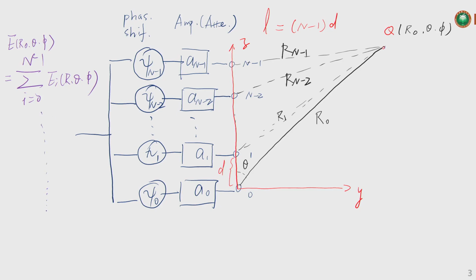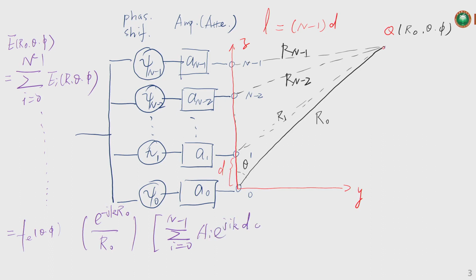well, you can just look back at your notes from Monday. So finally, the electric field is represented as E theta phi times the spherical part e^(-jk r_0), and also there is another part inside: the sum from 0 to N-1 of a_i e^(jikd cos theta).